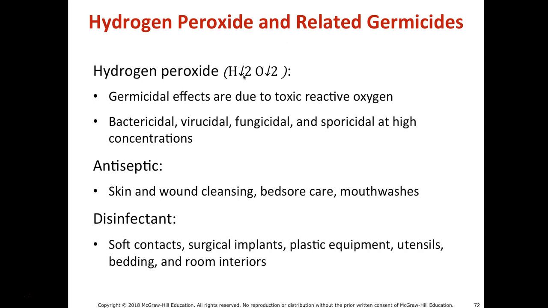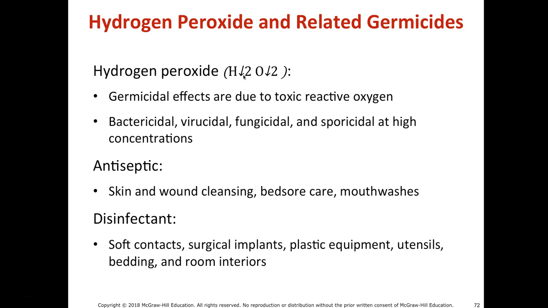What's great about hydrogen peroxide is that it is going to have germicidal effects that release a toxic and reactive oxygen. So maybe you've noticed if you put hydrogen peroxide on a wound that it starts to bubble.